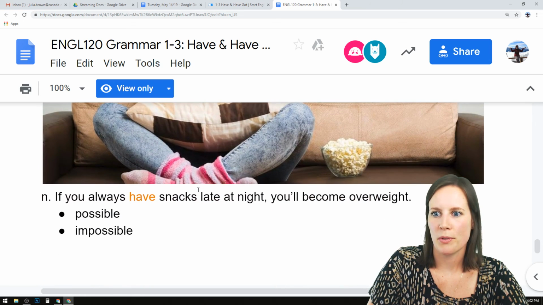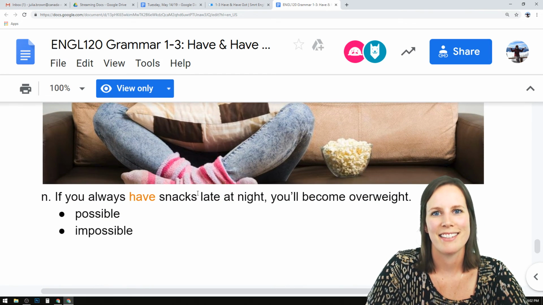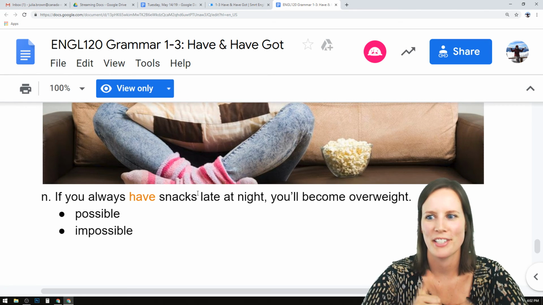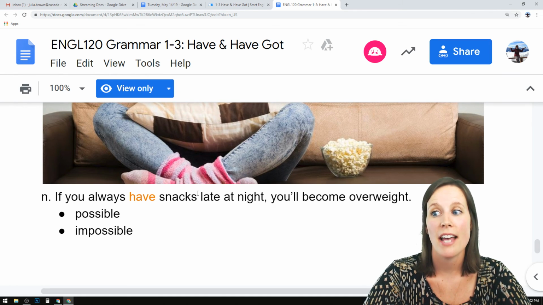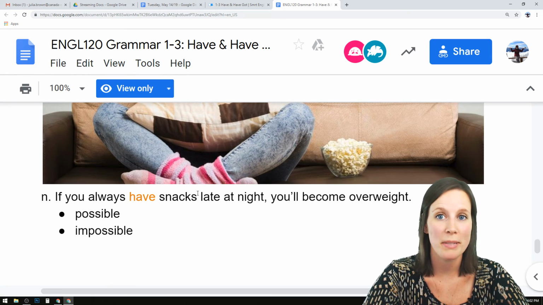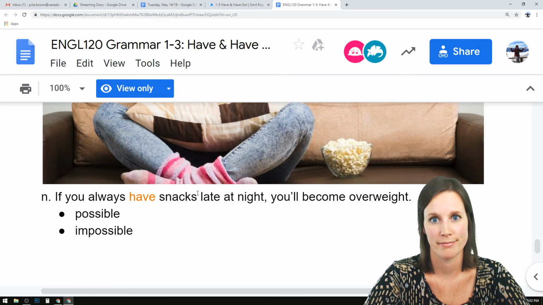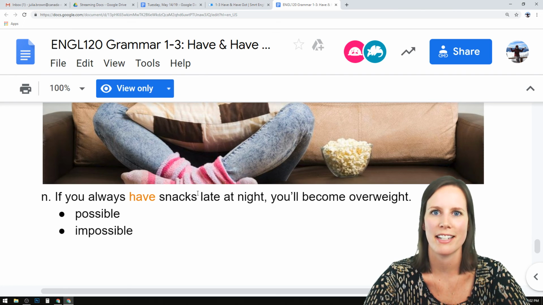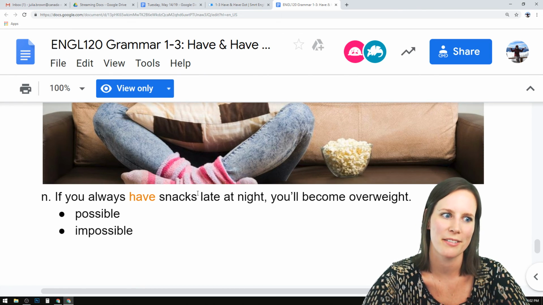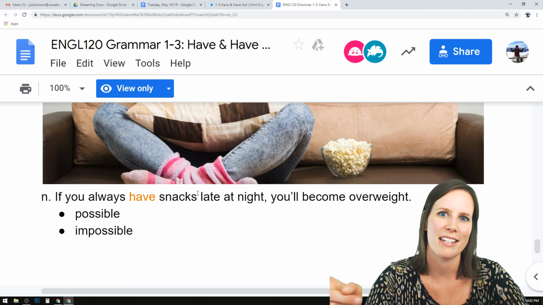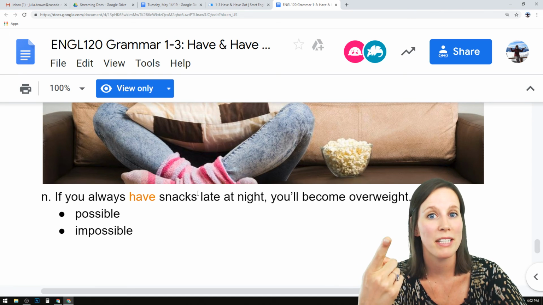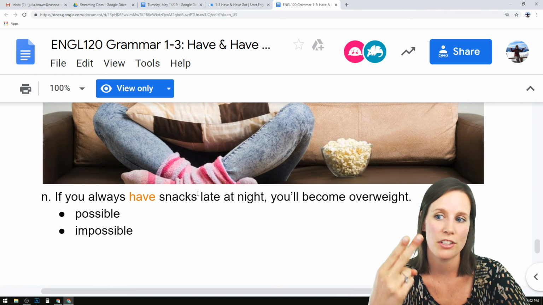Okay, we'll do this one last one and then we'll be done, okay? If you always have snacks late at night, you'll become overweight. If you always have got snacks late at night, you'll become overweight. Think about the sentence. Is it obligation? Is it relationship?